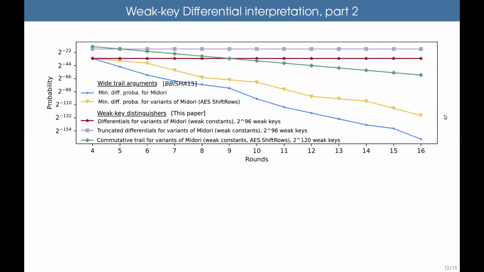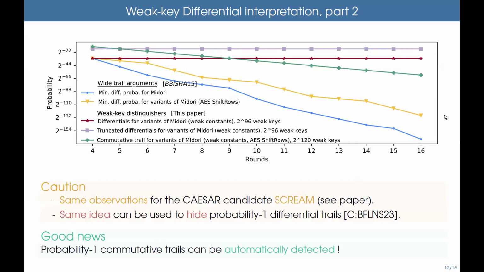Finally, we obtain this kind of results. The differential is the horizontal line in red here, because it is independent of the number of rounds, and it has to be compared with the wide-trail arguments, which is the blue curve here. So this is not an isolated case.